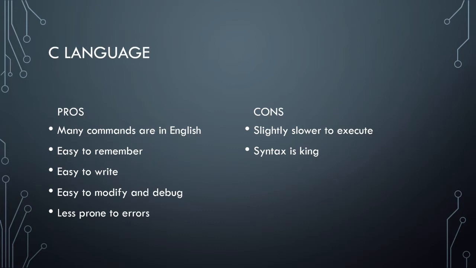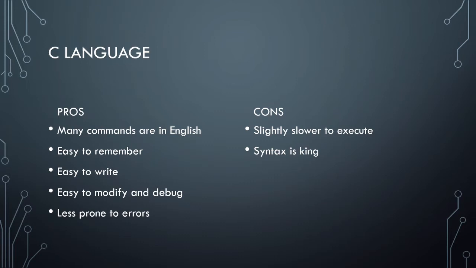Again, that's where the compiler comes into play. So we need a little bit of time for that translation to machine code to happen. And one of the biggest cons that you may wrestle with later on when we use C language is that syntax is extremely important. So everything has to be set up in a very specific format when you're using C language, so the commands are easier to remember and to use.